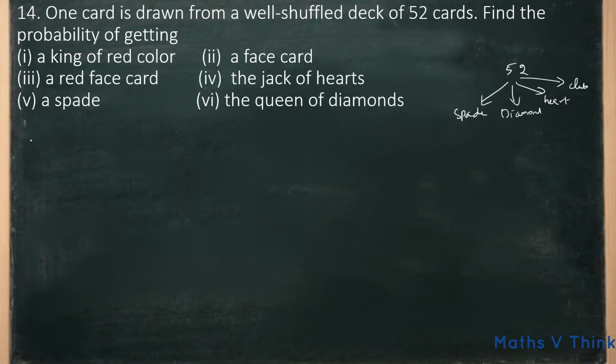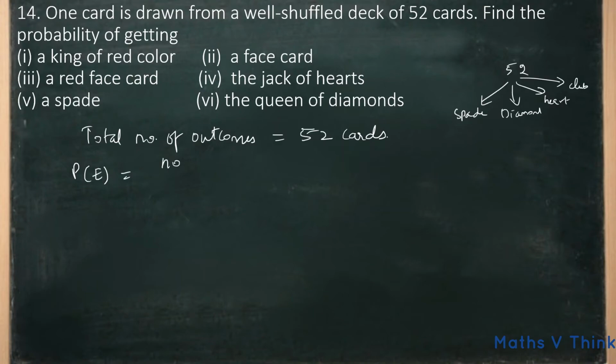So the first question is a king of red color. First we'll write the total number of outcomes, which is 52 cards. The probability of an event is equal to the number of favorable outcomes divided by the total number of outcomes.